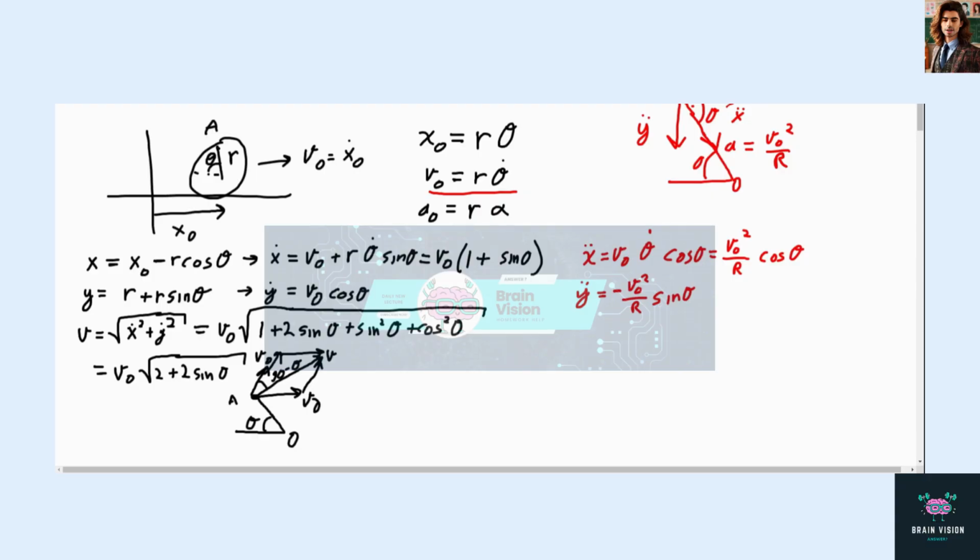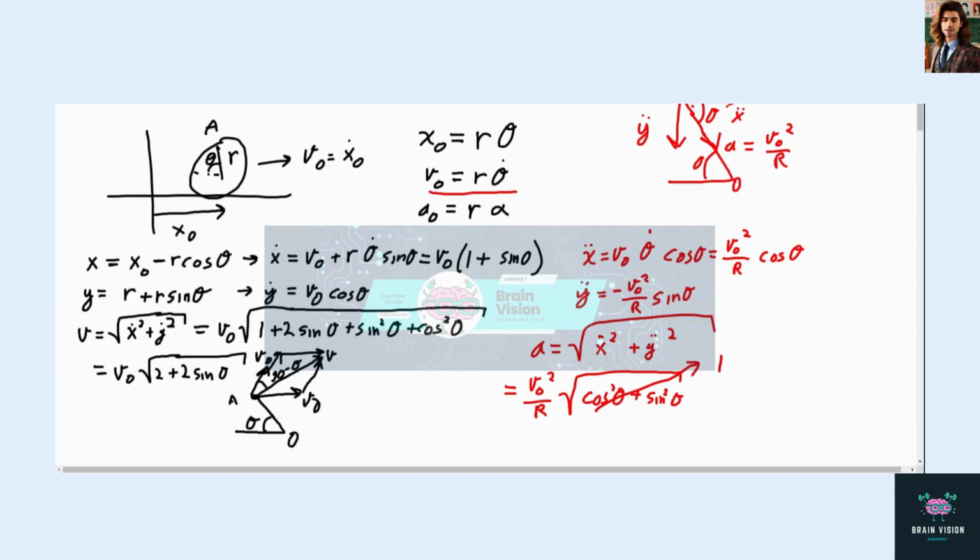And we can actually show that as well real quick here, that the acceleration equals the square root of x double dot squared plus y double dot squared, which will be, we can factor out that v0 squared over r, which are both squared, then we take the square root of it, so that gives us a v0 squared over r times the square root of, with the x we had the cosine squared theta, plus the y is the sine squared of theta, which just gives us a 1.